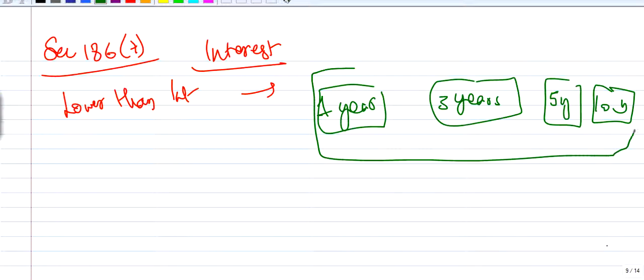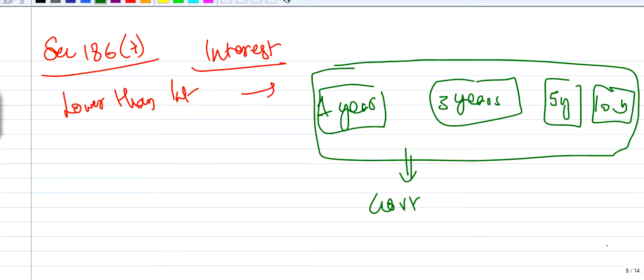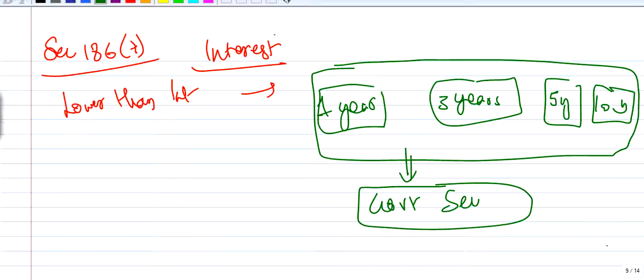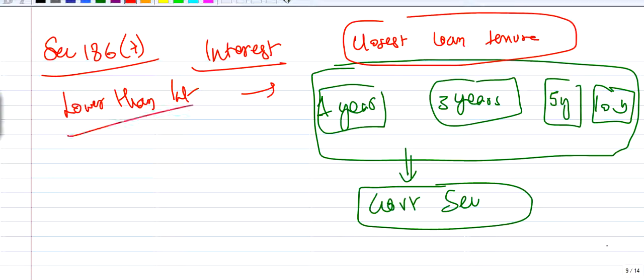These are the interest rates specified for government securities. You have to take the one closest to the loan tenure. So if the interest is lower than the rate specified for the government security, they cannot give the loan.